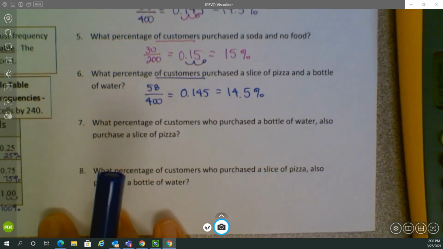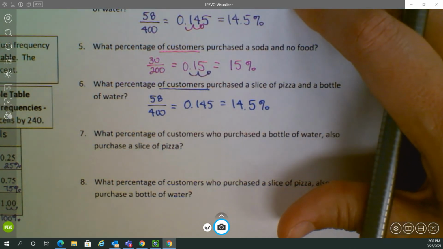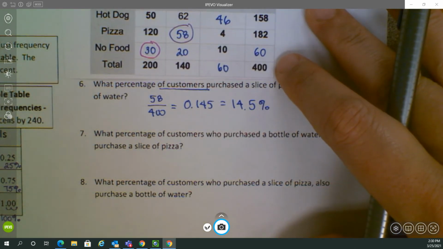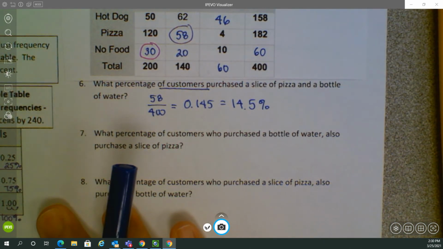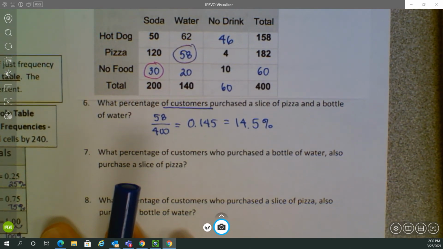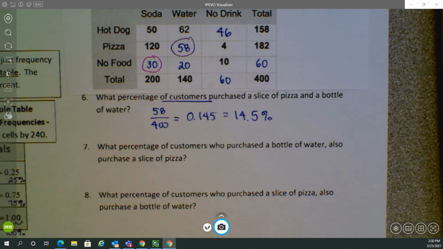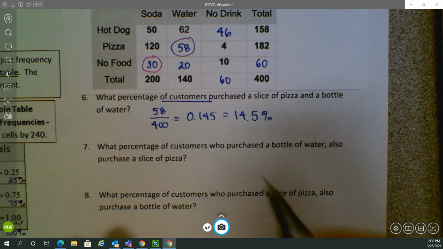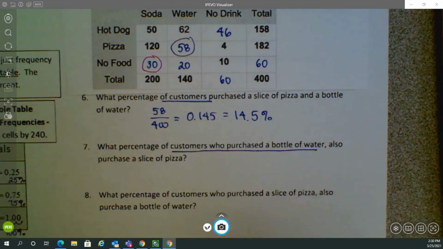That's out of all of the customers that have been surveyed. Okay, but we're going to change things around just a little bit. So my main focus now is on numbers 6, 7, and 8. Let's see if we can adjust this. All right. What percentage of customers who purchased a bottle of water? Oh no. Customers who purchased a bottle of water.